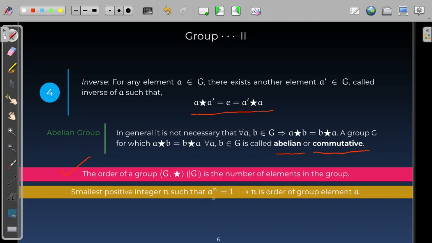If you have a multiplicative group, then the smallest positive integer n such that a to the power n is equal to 1 is called the order of the group element A. And if it is an additive group, then n times A, that is, adding A n times, must be equal to 0. Then this n is called the order of this group element A. We will see these definitions later in detail.